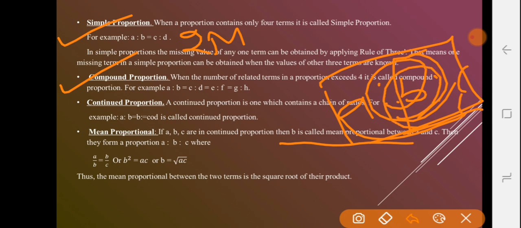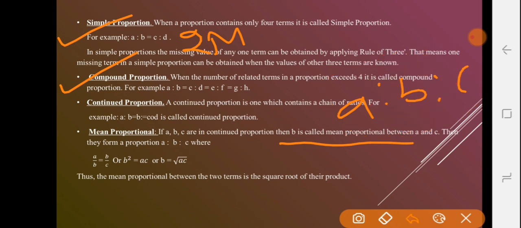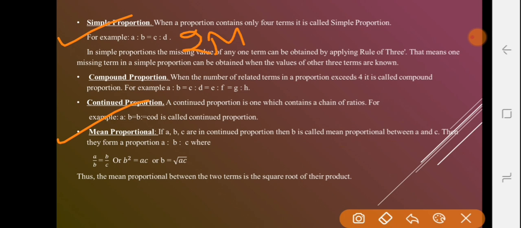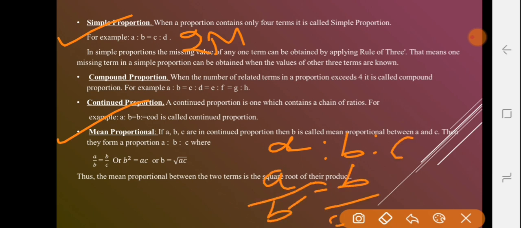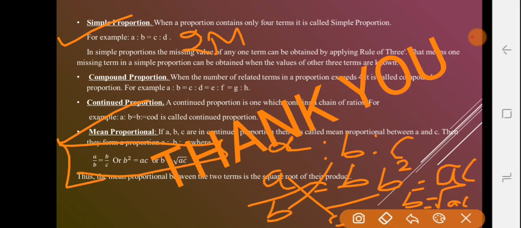I'll quote the example for this also. Based on simple and mean proportion, you can expect questions. Here b is the mean. If they are given a, b, c, we can write it as a by b is equal to b by c. Cross multiply this, you will get b square is equal to ac, so b is equal to root of ac. That is what I have quoted here.